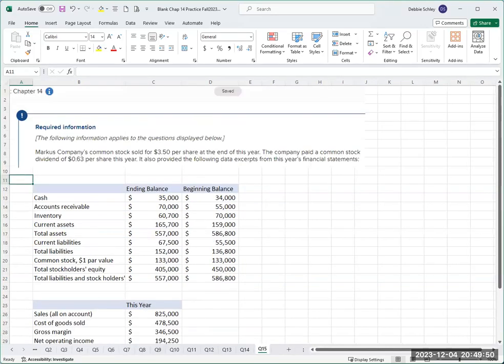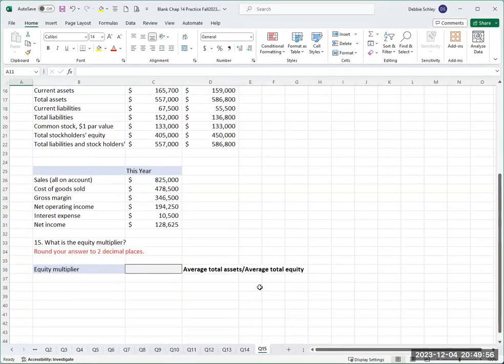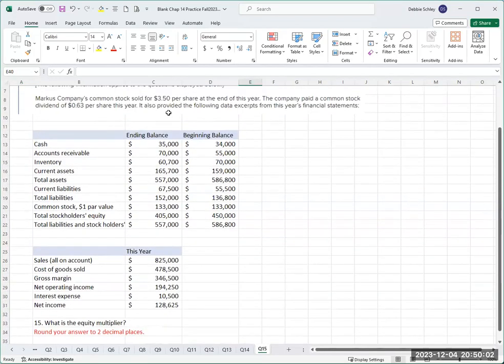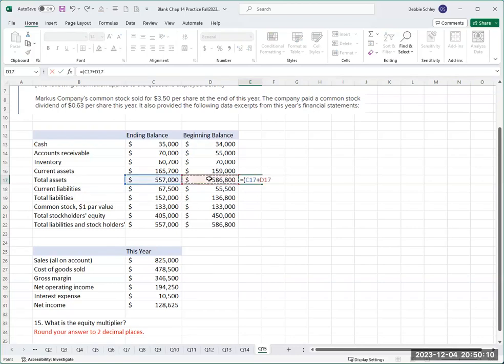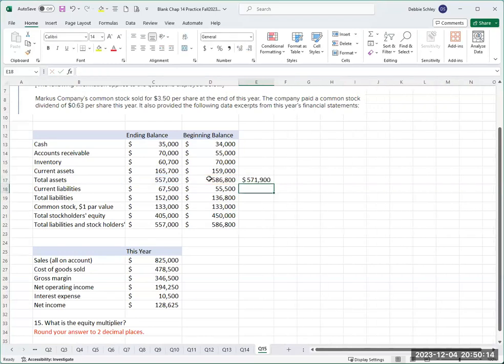All right, and the last question is equity multiplier. So my average total assets divided by 2. And then I'm going to copy that.